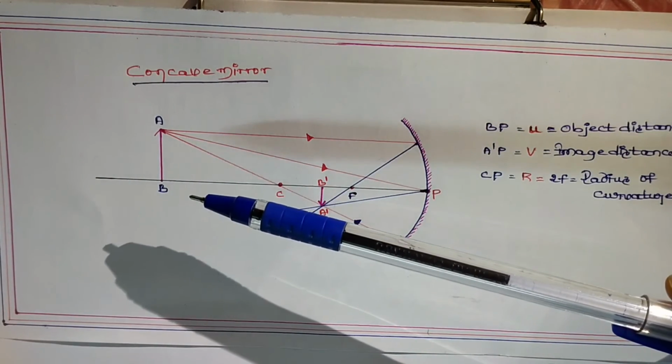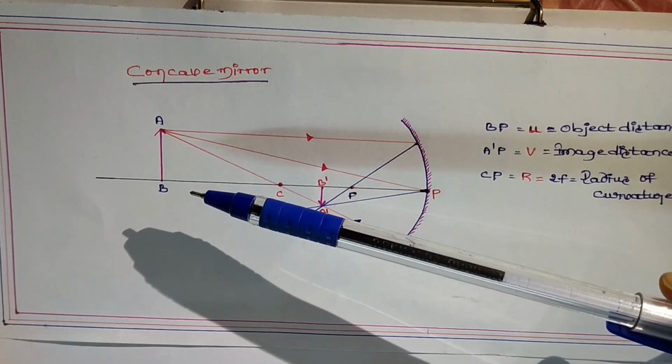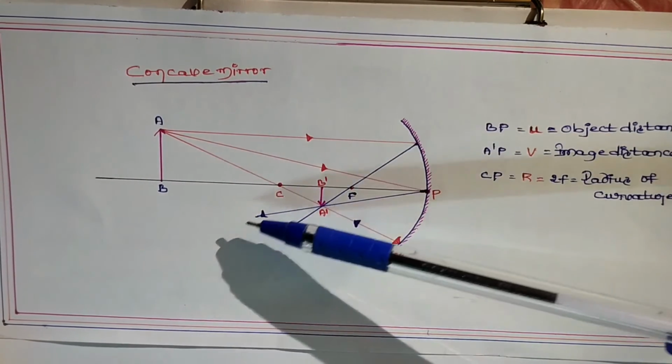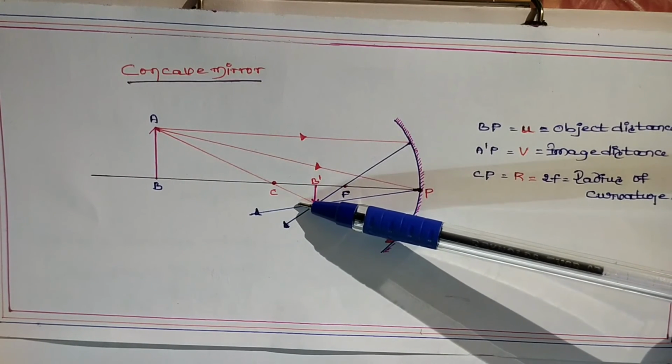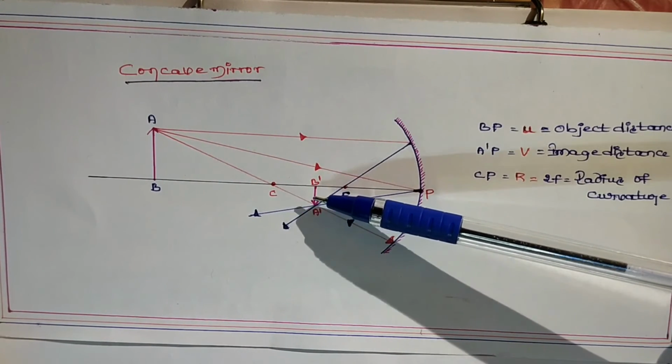And if we measure the height of the image below, or downward from the principal axis, we have to take it as negative.